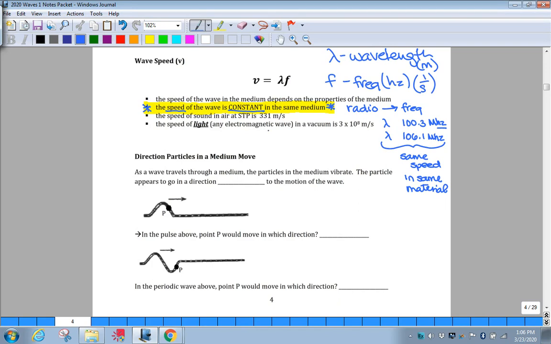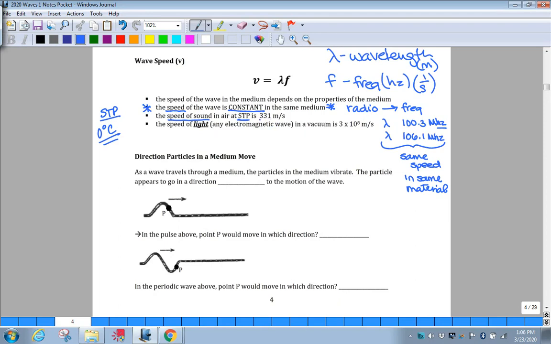Okay. And I can't stress enough that this is one of the most important concepts we do in this unit as well as the next unit. Okay, a number that we have to know: the speed of sound at STP, standard temperature and pressure. STP, most important, is 0 degrees Celsius, because temperature is going to play a role here.